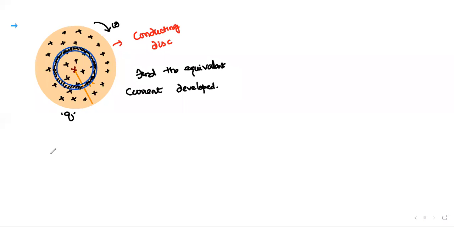Okay, look here. What we have to do? I equals dq upon dt, but dq we have to write as sigma dA by dt. Any mistake here?